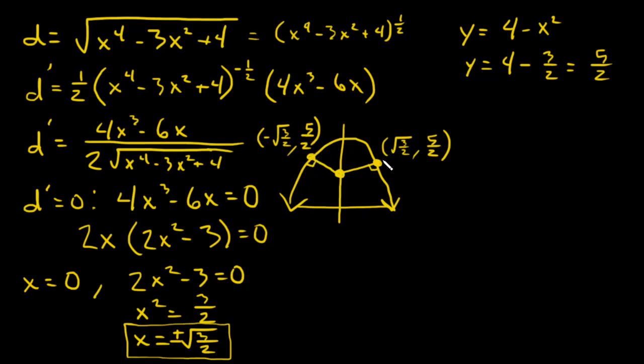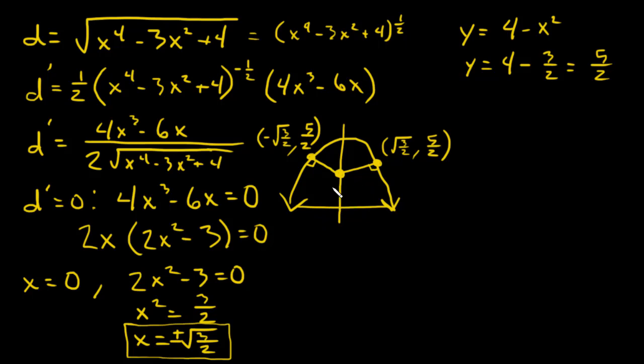Those are the 2 points that are closest to the function from the point. I really hope you enjoyed that. That is just insanely satisfying that we're able to find the points that are on this function that are closest to this point. Wow.